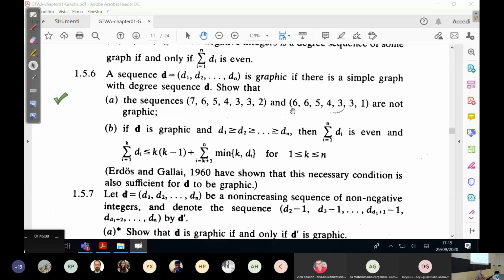So these 6s are allowed, but what is not allowed, having 2 sixes, is having a 1. Why? Because if you have 2 sixes, these two vertices are joined to every other vertex in the graph, so every other vertex has at least degree 2.